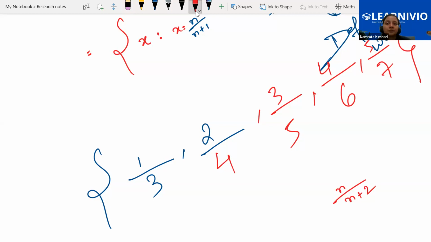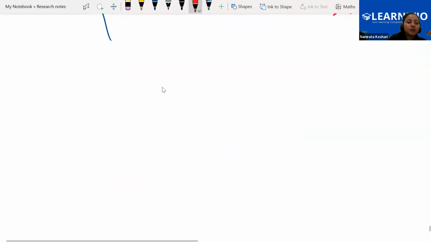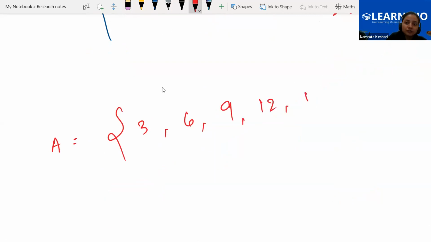Okay, carefully. Now the next question was, set A was given over there. This one you will be able to do. Set A was given over there: 3, 6, 9, 12, 15, 18, 21.